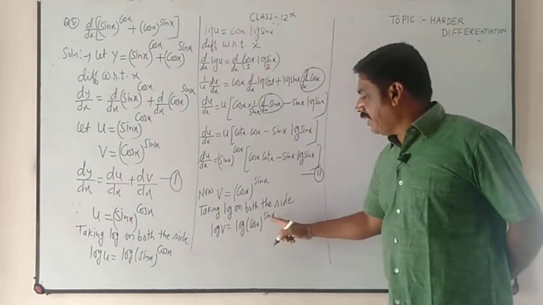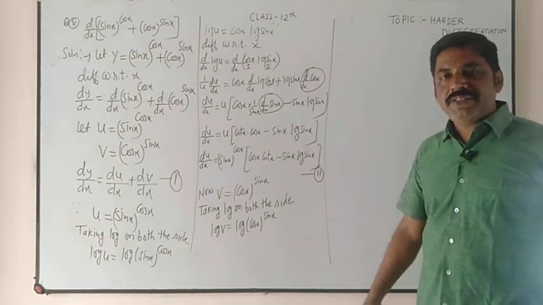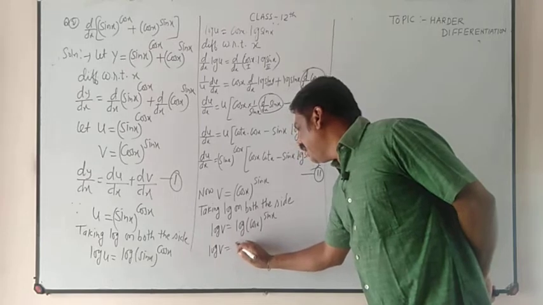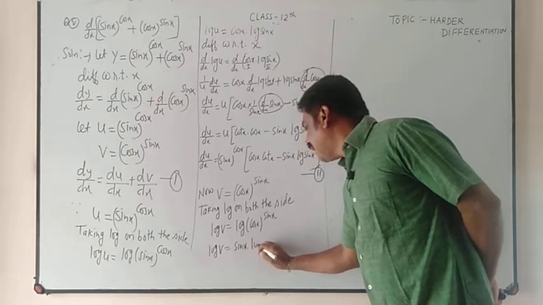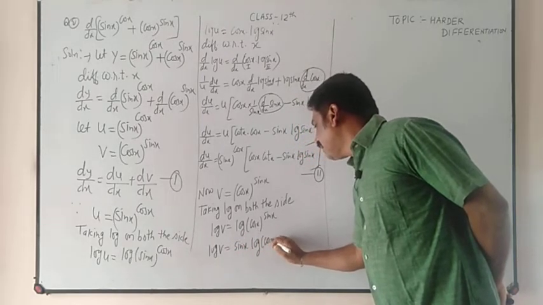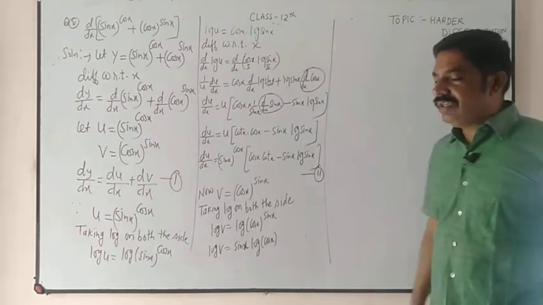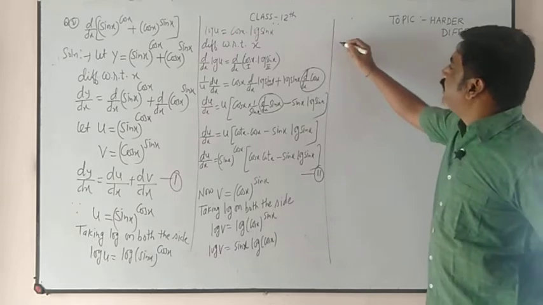Log m raised to n is n log m. So log v is equal to sin x log cos x. Now we differentiate.